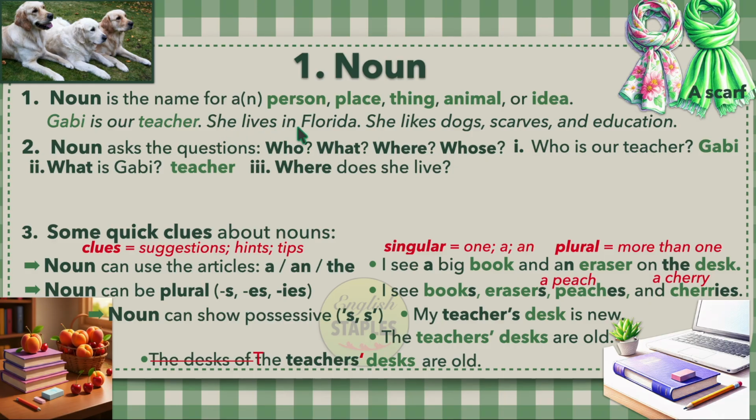She lives in Florida. So the answer here is Florida. So Florida is a place. It's a noun. See that? Teacher is a person. Florida is a place. Gabby is the name of the person. What does she like? She likes dogs, scarves, and education. So we can write that here.